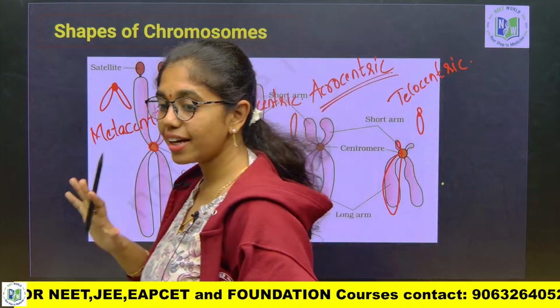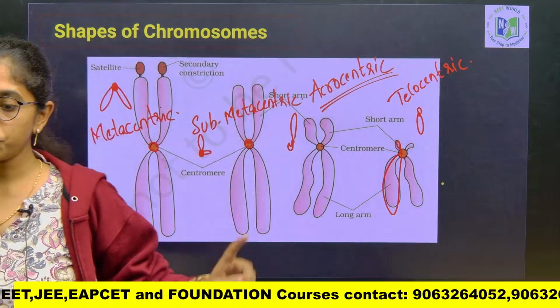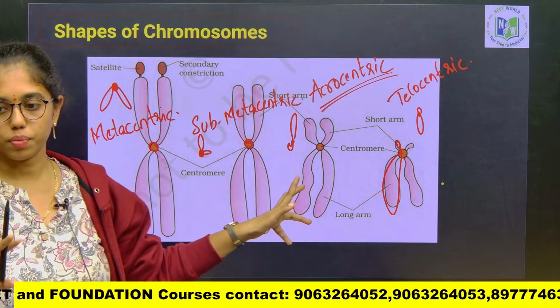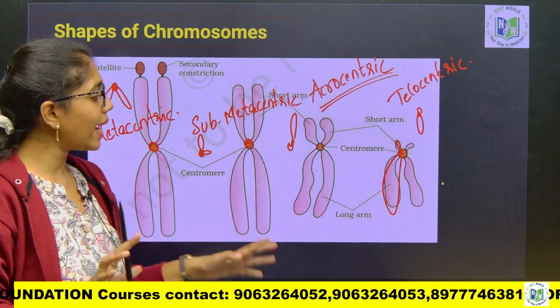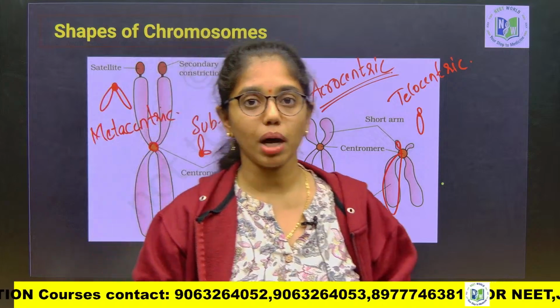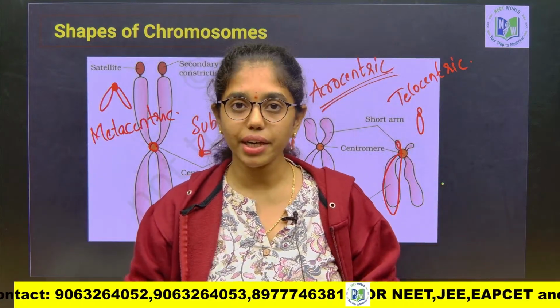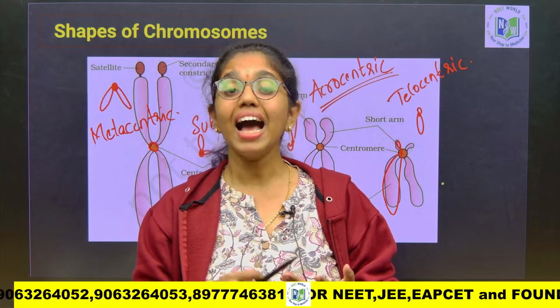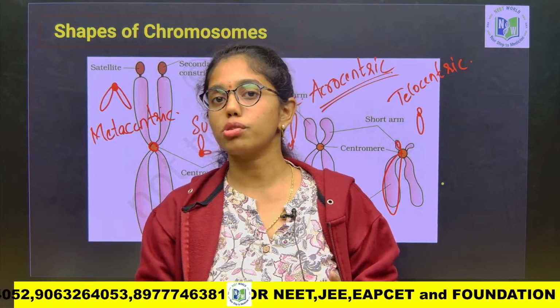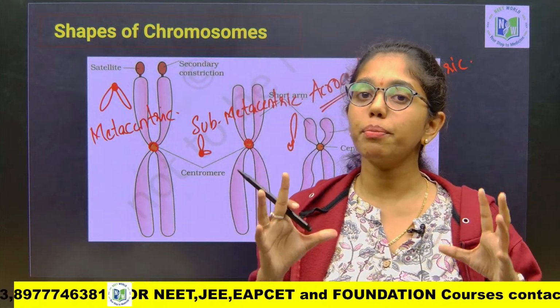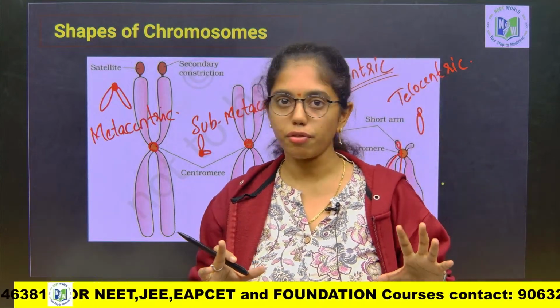You should be clear with the names, with the position of the centromere and with the shape of each chromosome. With this, we end the session on double membrane bound organelles. In the next session, we are going to cover the cytoskeleton, cilia and flagella, and centriole and centrosome structures as well. With that, we can finish off the most important topics of the cell, the unit of life. Thank you.